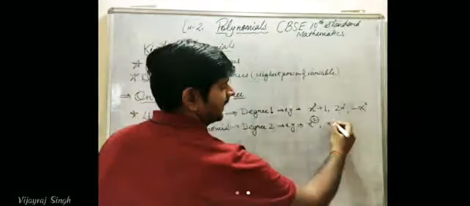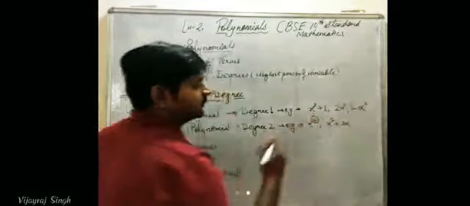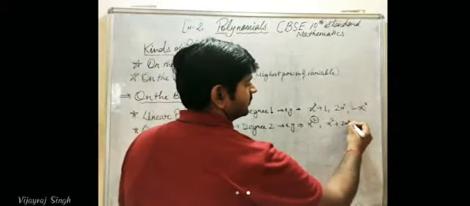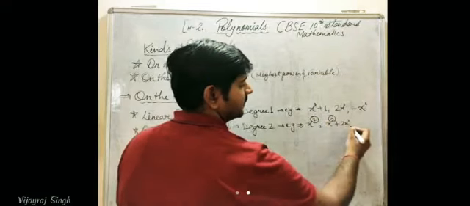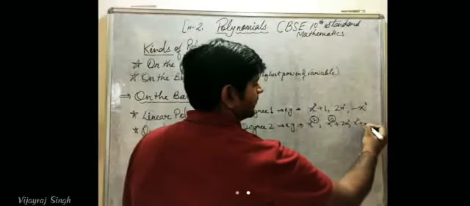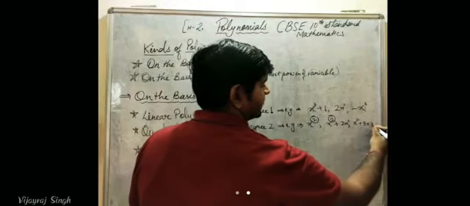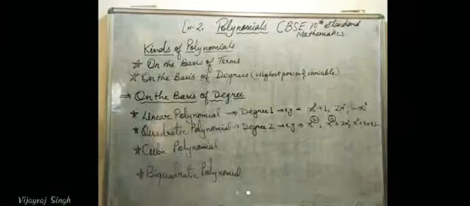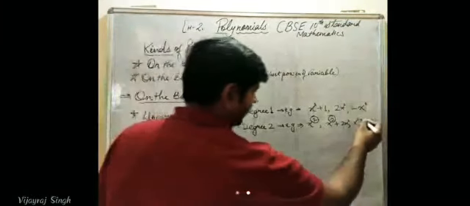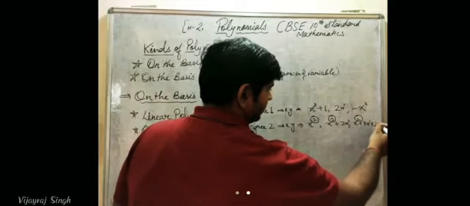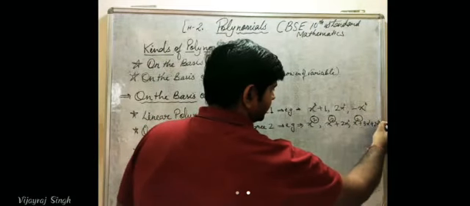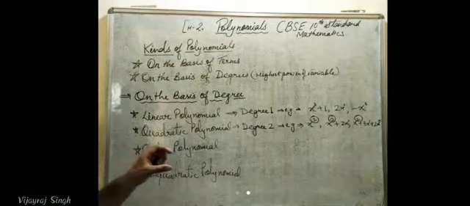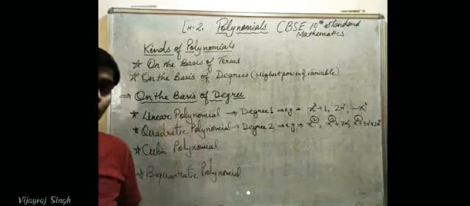If this is a binomial, the highest power is also 2, so this is the degree. For example, x square plus 3x plus 2. Its highest power is also 2, and suppose x is absent, so x raised to 0. These are examples of quadratic polynomials.